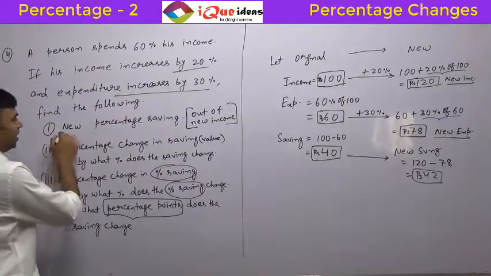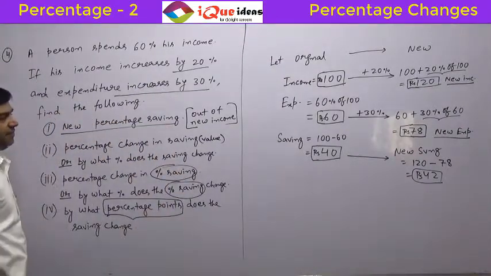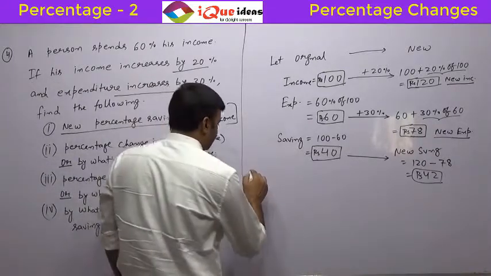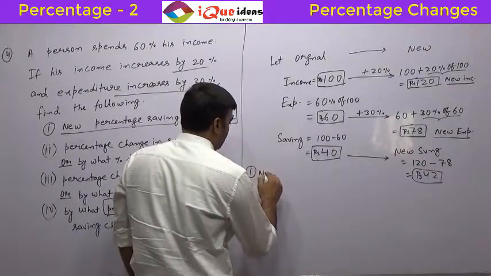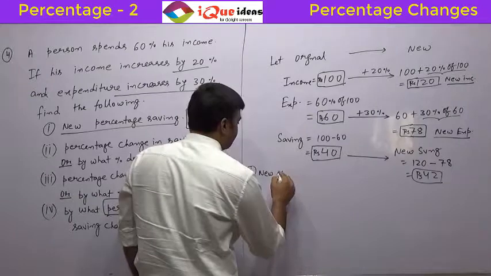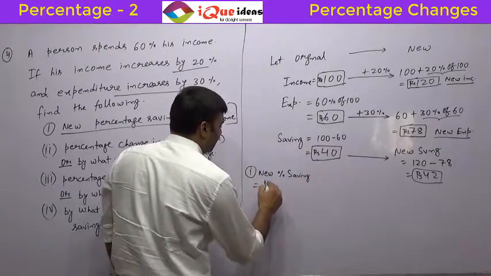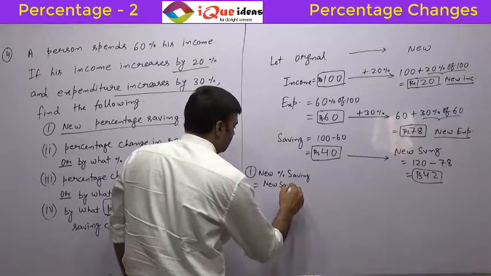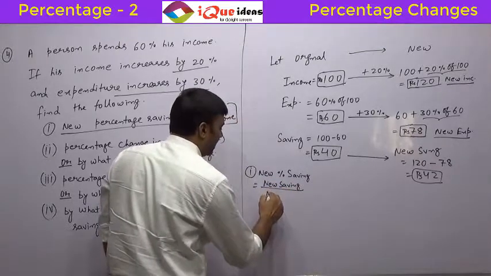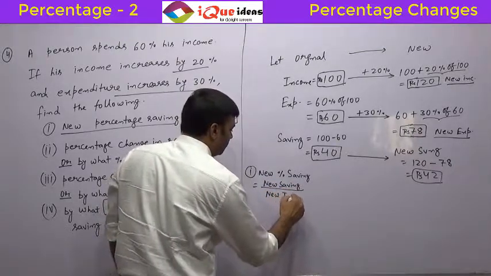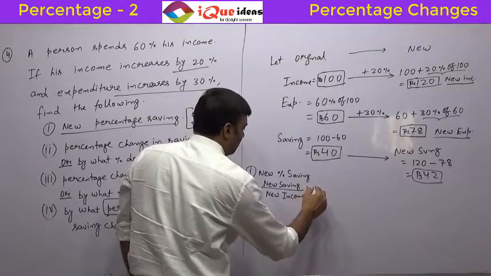What is the first question? New percentage saving. The first question says new percentage saving. That means what we have to do is simply take the new saving, because it is out of the new income, divide by new income into 100.